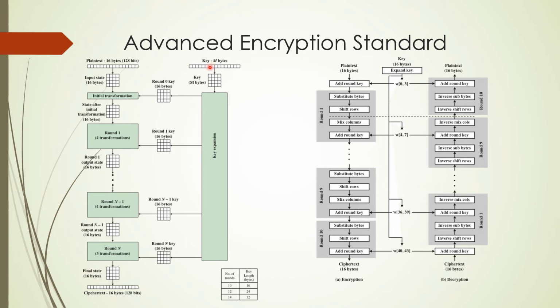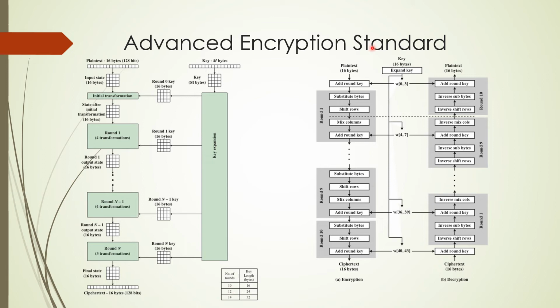And also, as I showed you earlier in the previous slide, we have three different options for keys: either 16 bytes, or 128 bits, or 24 bytes, or 32 bytes. And depending on how many bytes we have, the number of rounds will change.